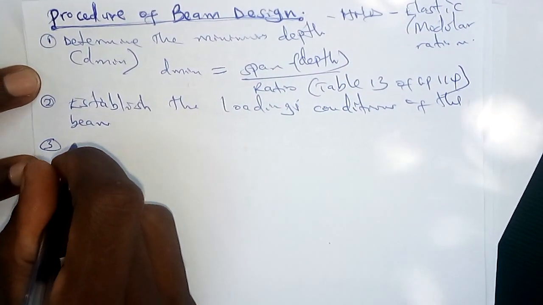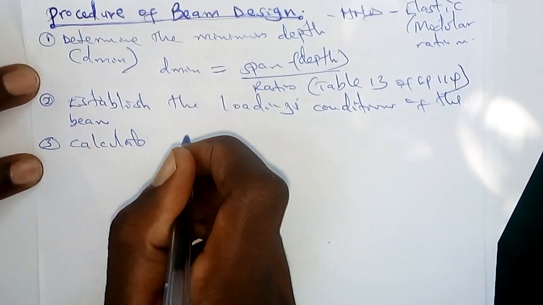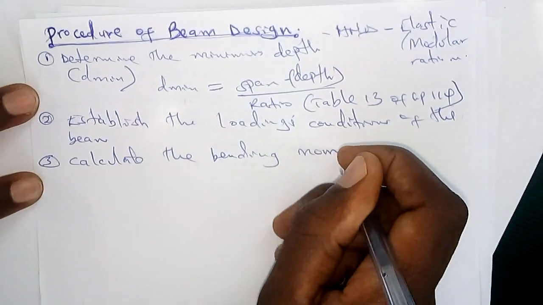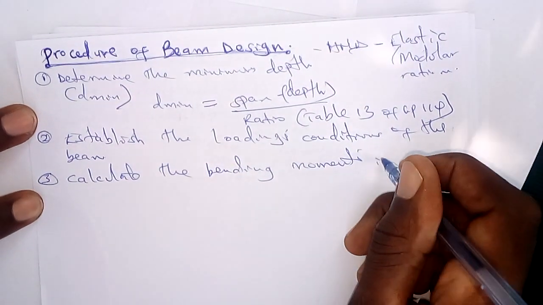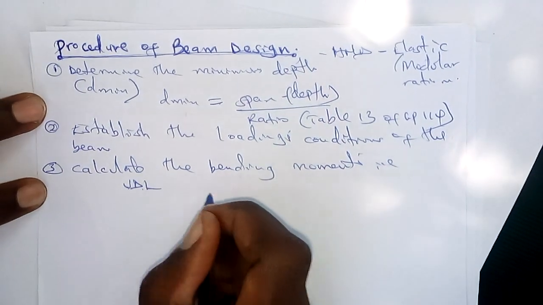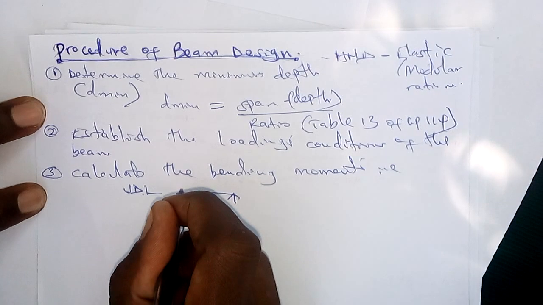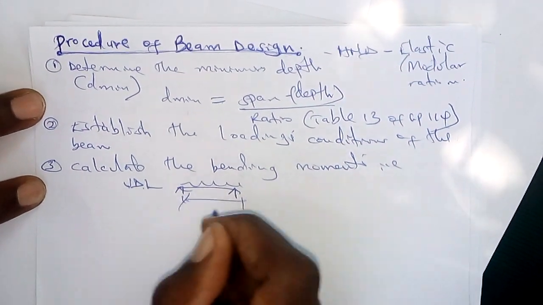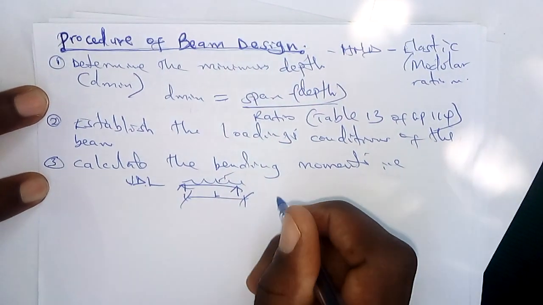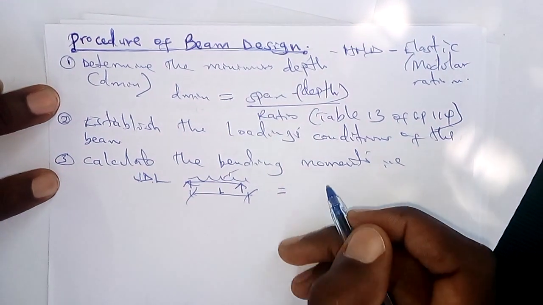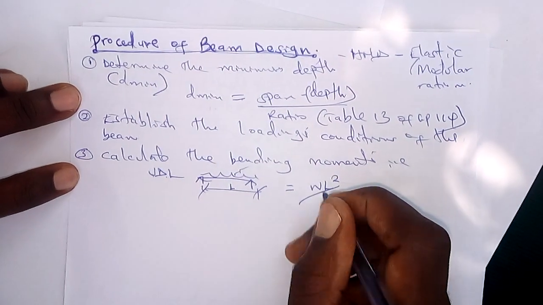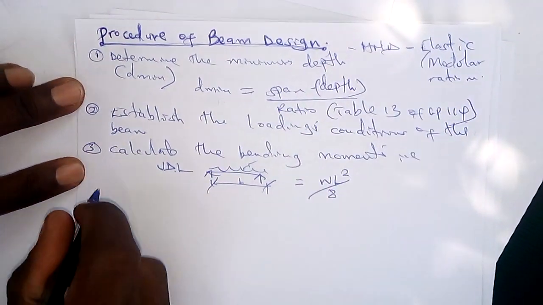Number 3, calculate the bending moment, i.e. if it is a UDL, uniformly distributed load, for example, it can be this way. This is the length, this is the intensity of the UDL. To get the bending moment, the formula is WL squared all over 8. That is the formula.